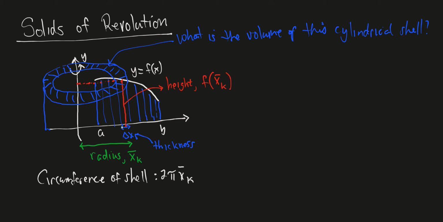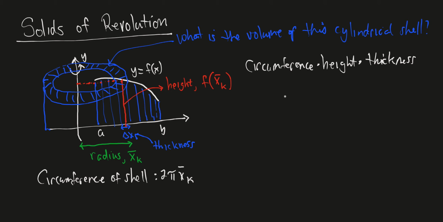And then when I multiply by the thickness, that gives me the entire volume of this, right? So let's write this over here. If I take the circumference times the height, that gives me the cross-sectional area. And then if I multiply by the thickness of the shell, that gives me the volume.